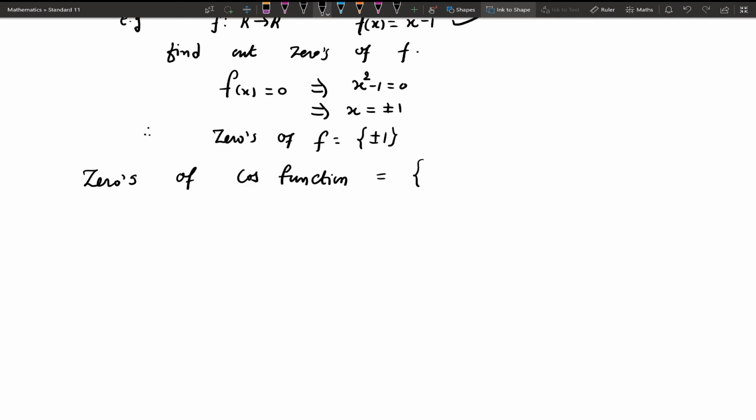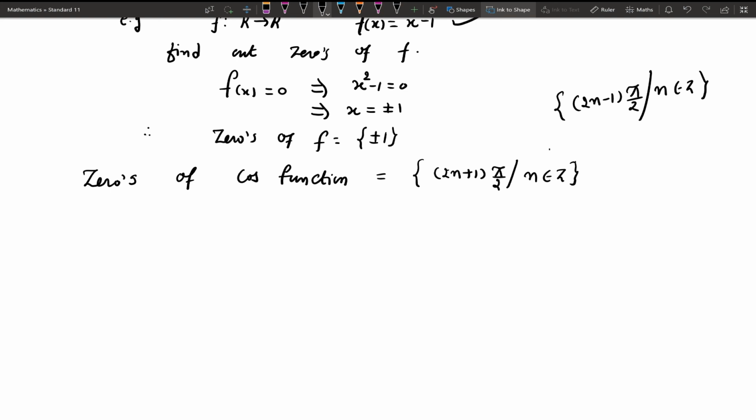Actually this is (2n plus 1) into pi by 2 where n belongs to Z. So this is the set of all x for which cos x equals 0. On the same time you can also take (2n minus 1) into pi by 2 where n belongs to Z.